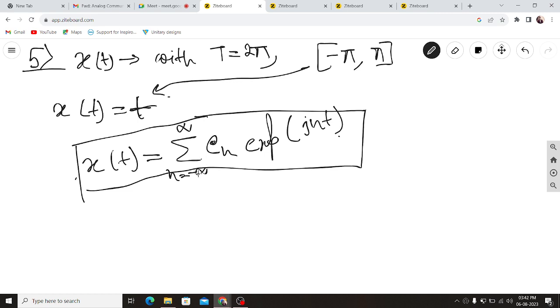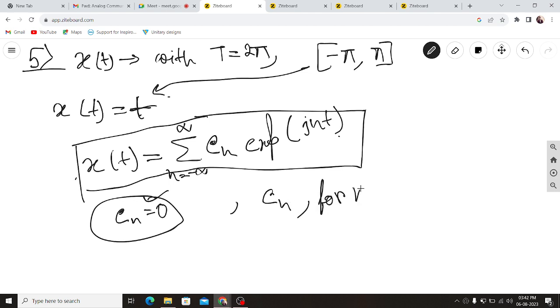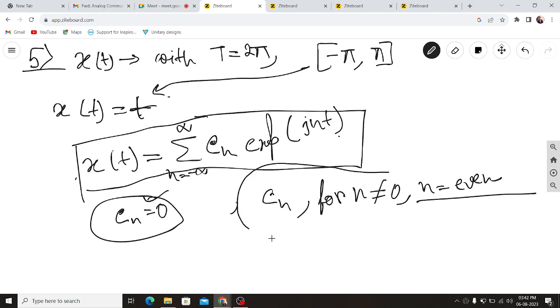Then it is easy to show that there is no DC term, C0 equal to 0. Then the question is, find Cn for n not equal to 0 and n even. What is the representation of those Cn values?